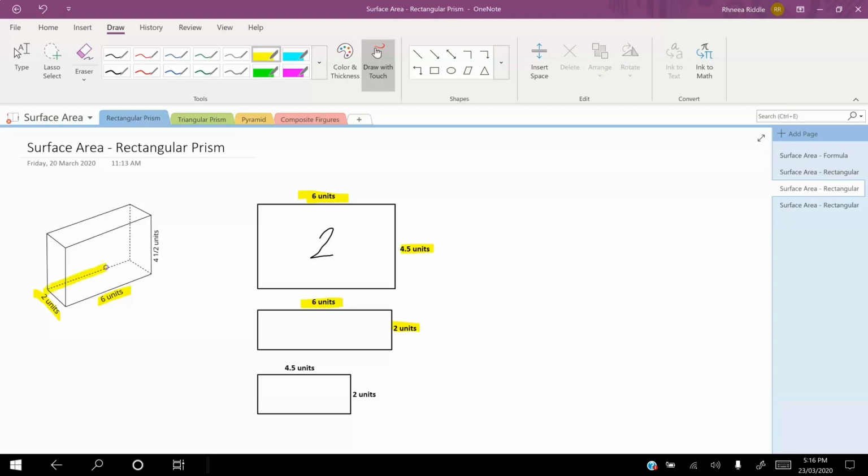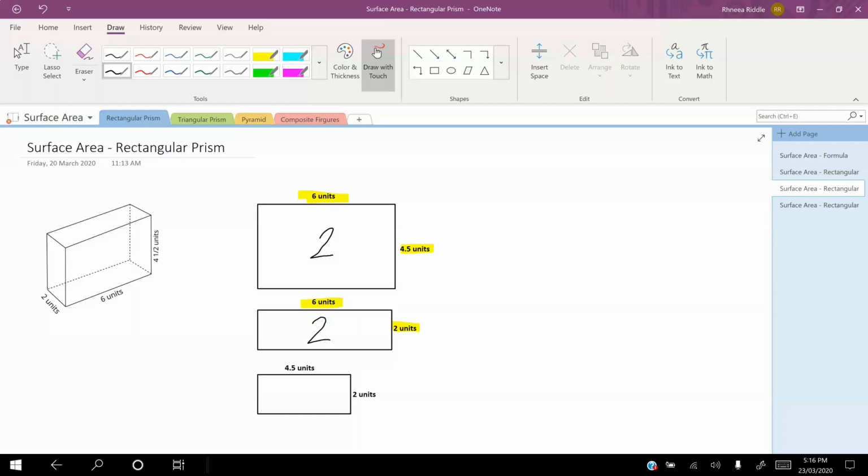So we can tell that this face, the bottom face, is the one we're talking about, and that has an exact replica parallel to it, meaning that those 2 faces are what we're going to be working with. So there are 2 faces exactly like this one.